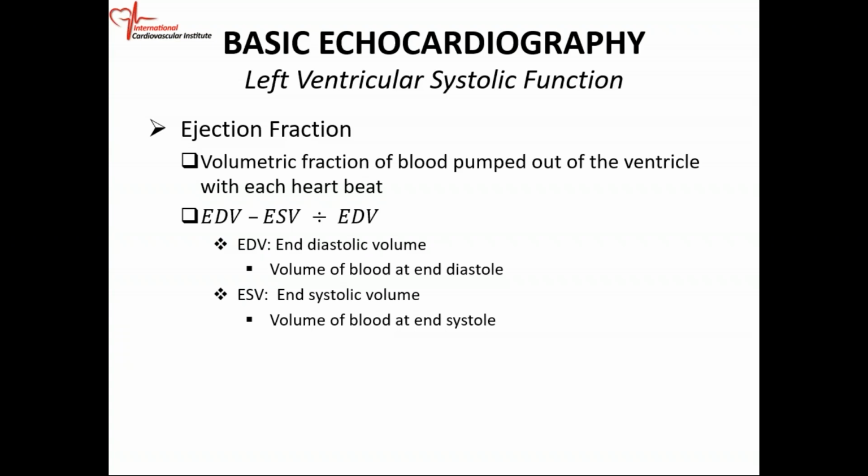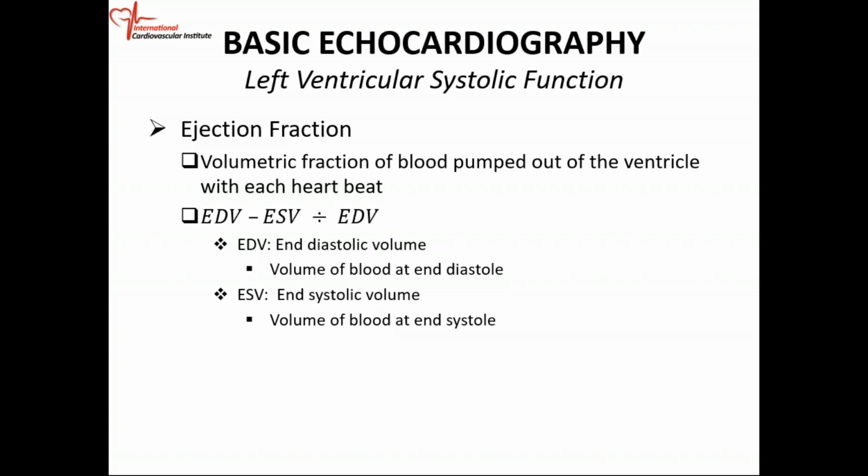So the ejection fraction is the volume in diastole when the heart is filled. At end systole, the heart has pumped out a certain amount of blood. To get that volume that is pumped out, you're going to subtract from the end diastolic volume the end systolic volume. But we're talking about a fraction, so you have to divide that by the end diastolic volume. That is the ejection fraction.